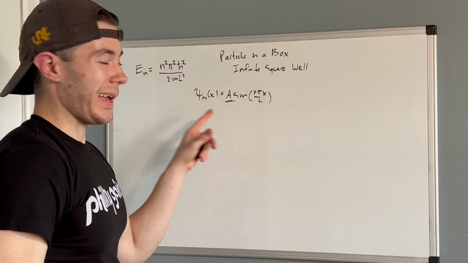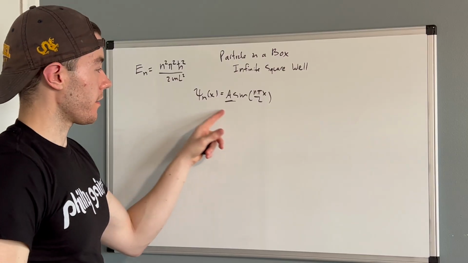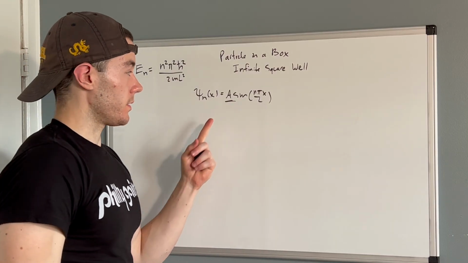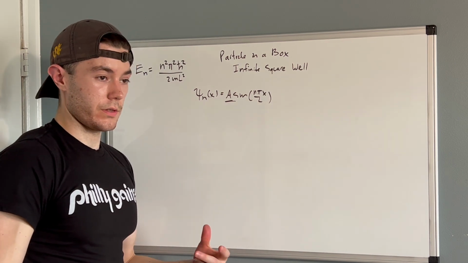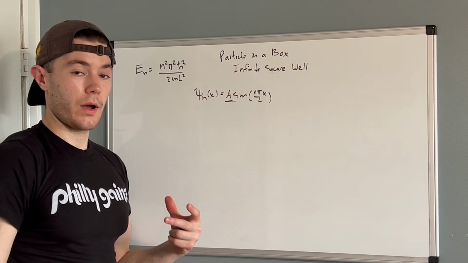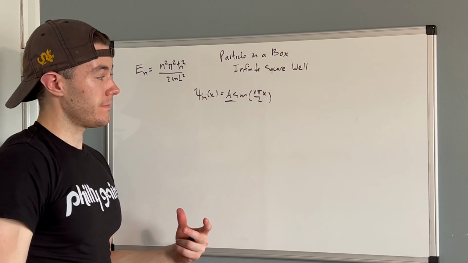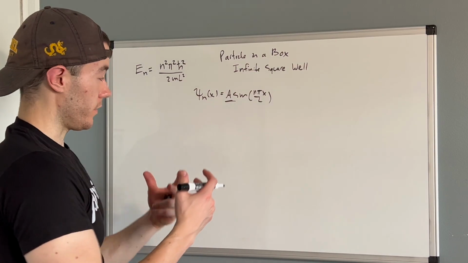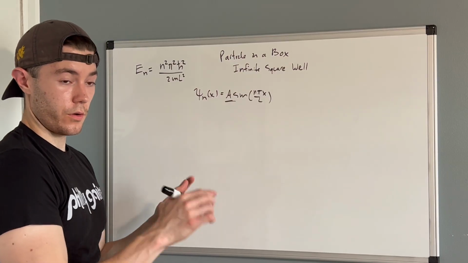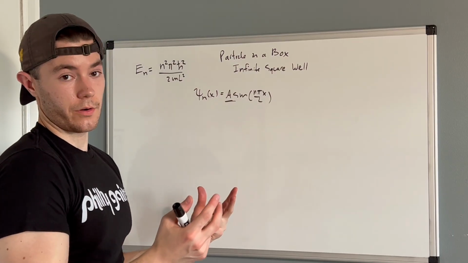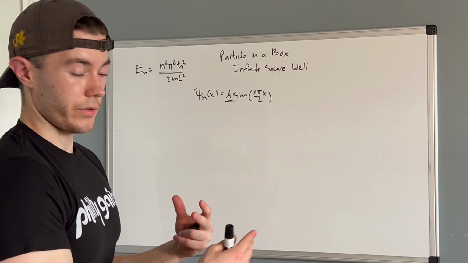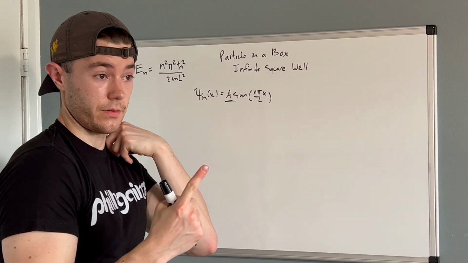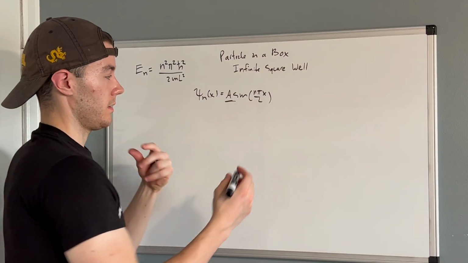We've got to find A such that when we square the wave function, we get 1, because the square of the wave function physically represents a probability density. So if we square it and integrate over all space where we know the particle is, which just turns out to be the width of the box, we better get a probability of 1, meaning the particle is definitely in the box.